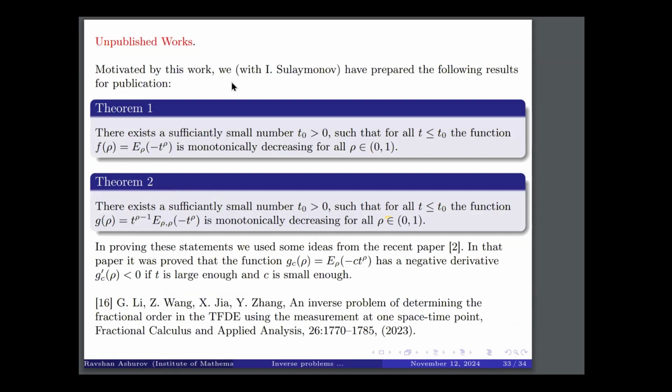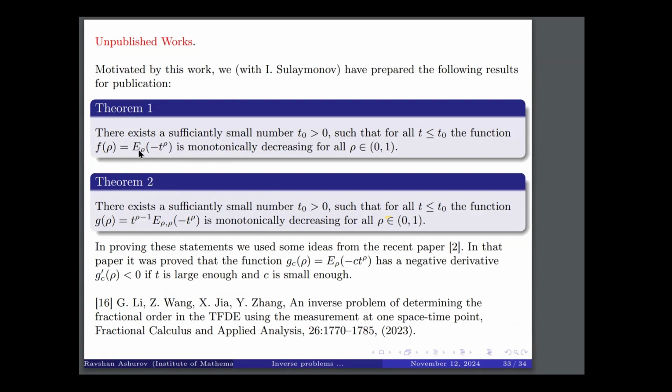We also tried to prove all our theorems which we presented above not for sufficiently large T0, but for sufficiently small. And to do this, we proved the following two theorems. These are the main basic theorems for proving all the above inverse problems.